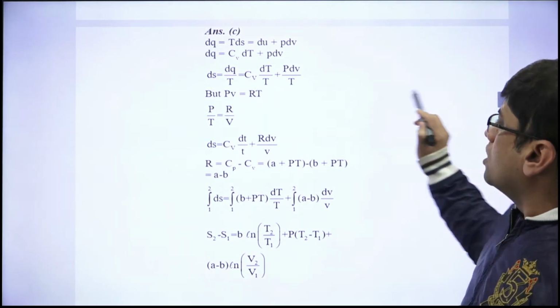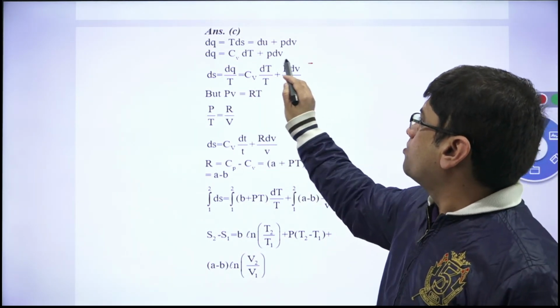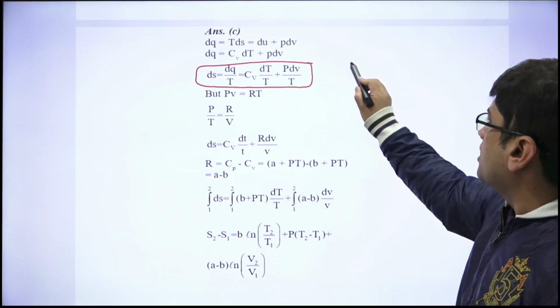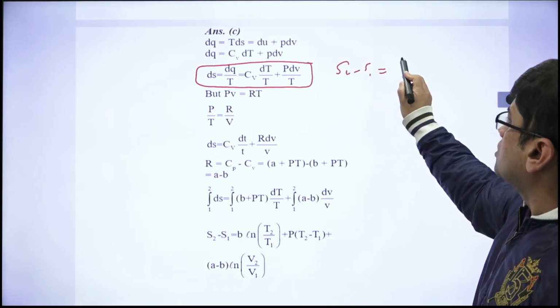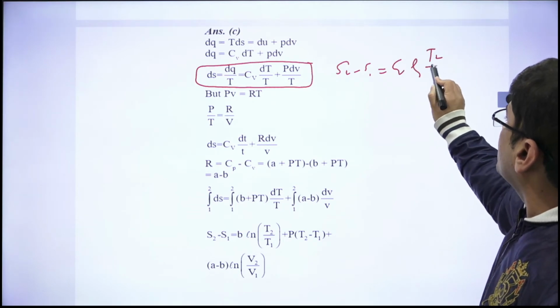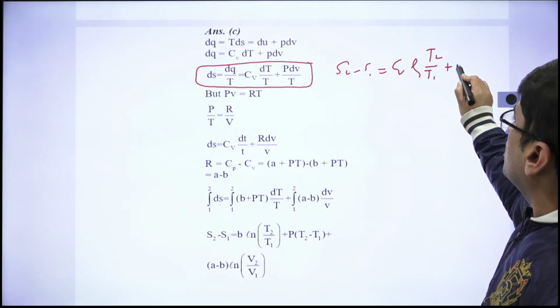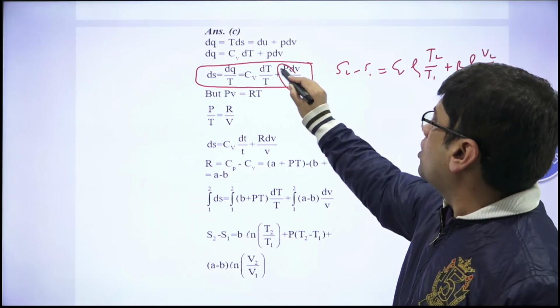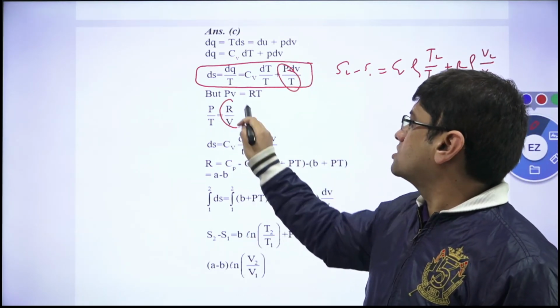Then I write ds is equal to Cv dT over T plus P dV over T. This is the general expression from where if I integrate, I get S2 minus S1 is equal to Cv log of T2 by T1 plus R log of V2 by V1, because P over T I can write as R over V.